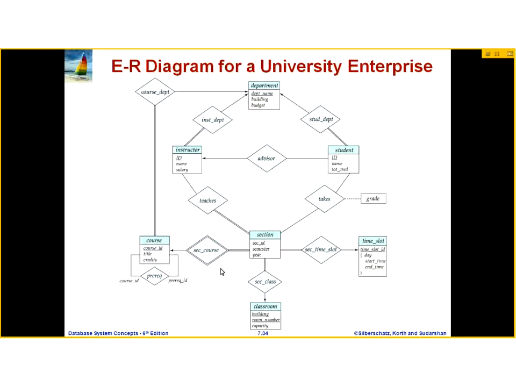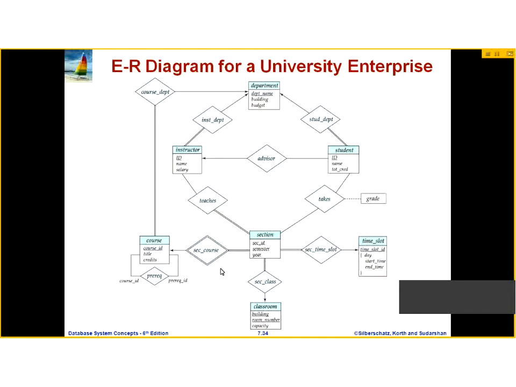Okay, now you can see the ER diagram for a university enterprise. In this diagram you can identify many things, like entities. The entities are instructor, department, student, section, classroom, time slot, course.